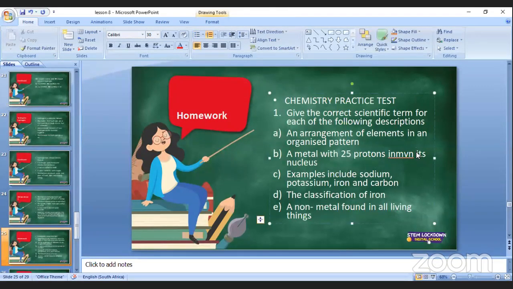What is that? Examples include sodium, potassium, iron, and carbon. What do we call those? The classification of iron. A non-metal found in all living things. What do we call that non-metal?